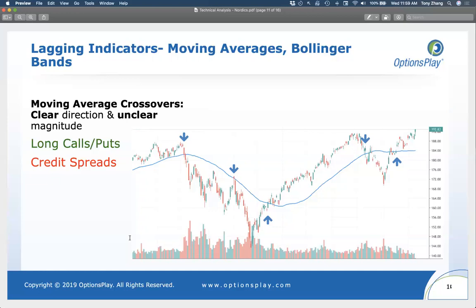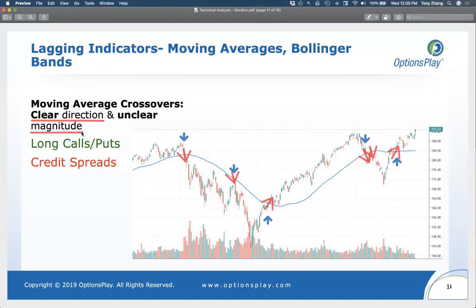Now, one thing I want to point out is that moving averages are the most popular technical indicator, but one thing I don't think most people think through is this: when you get a moving average crossover, when the stock moves below or above your moving average, remember that what it does tell you, number one, is a clear sense for direction, but the moving average itself provides no insights into how big the move is going to be.